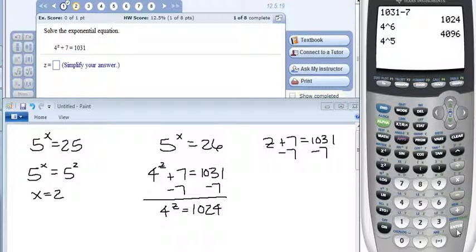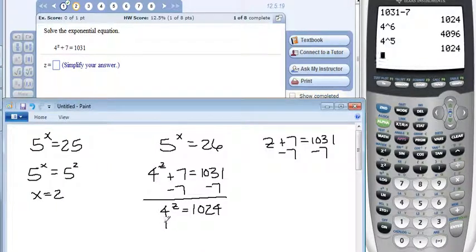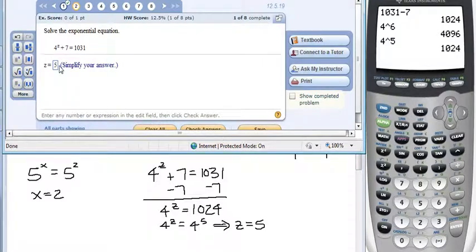Yep, it's 5. So z has to be 5 because 4 to the z is equal to 4 to the 5th. So therefore, z has to equal 5. When they turn out to be nice and neat like that, it's very easy and straightforward. So you always want to check for a nice whole number first.